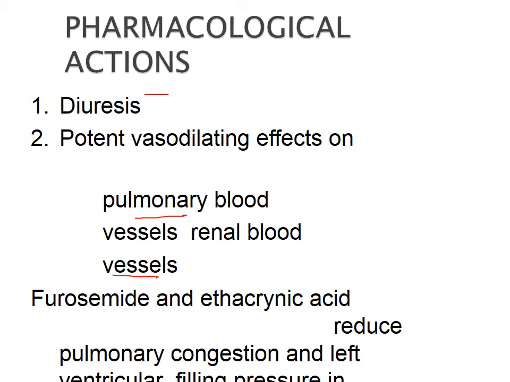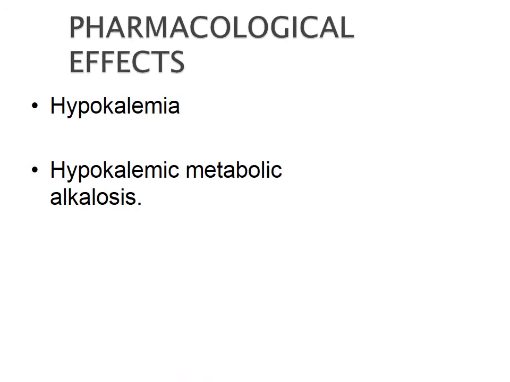So in the MCQ, if you have a patient with pulmonary edema and the choice of diuretic is asked, loop diuretic is the answer. They reduce the pulmonary congestion and pressure. Pharmacological effects are simple, as I told you, that they cause hypokalemic metabolic alkalosis.